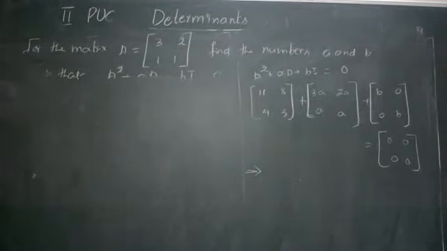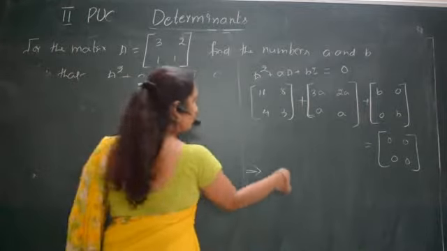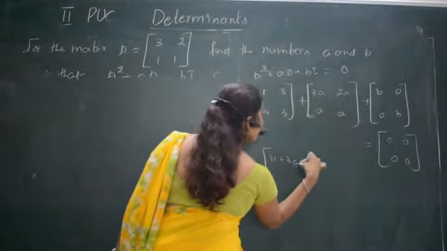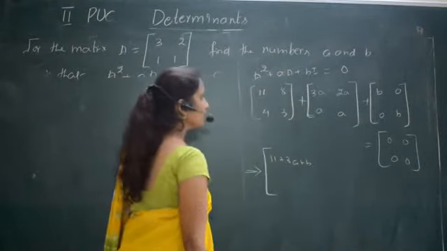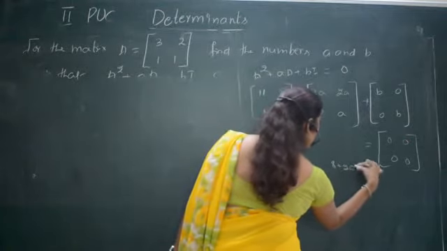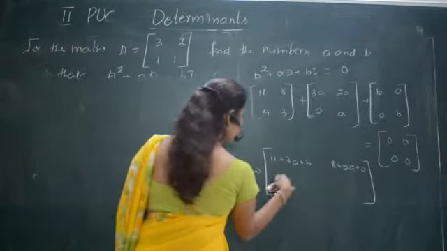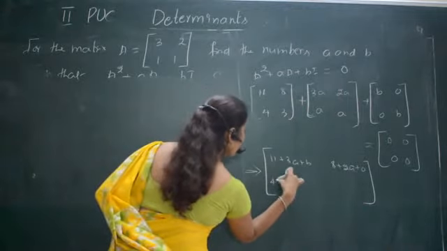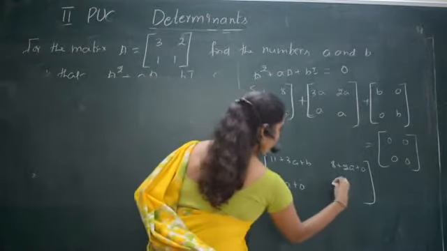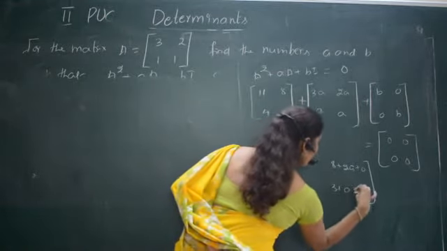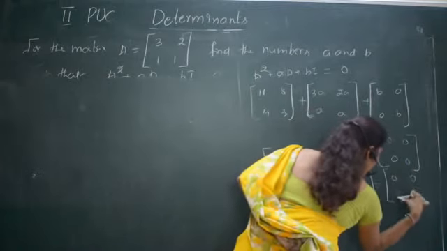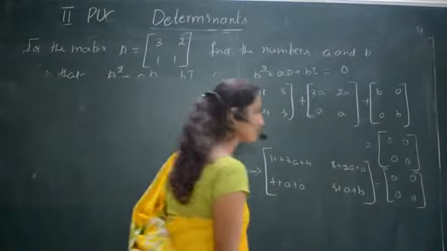That means we have to add them: 11 plus 3a plus b, then 8 plus 2a plus 0, then 4 plus a plus 0, then 3 plus a plus b, equal to the zero matrix.